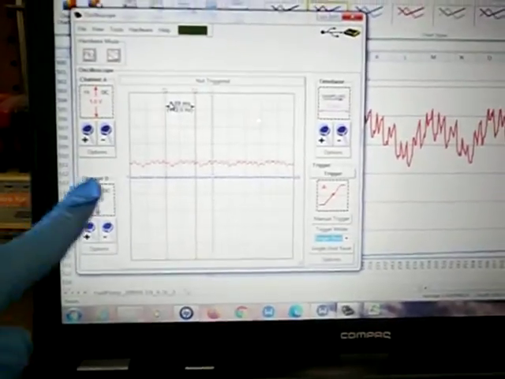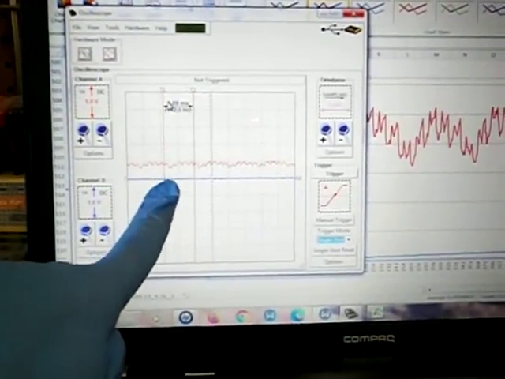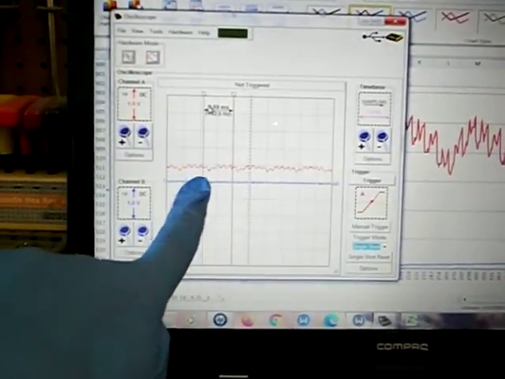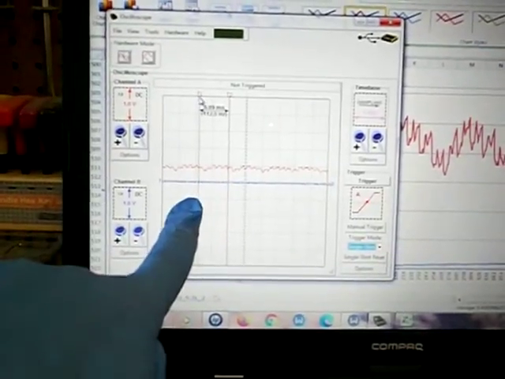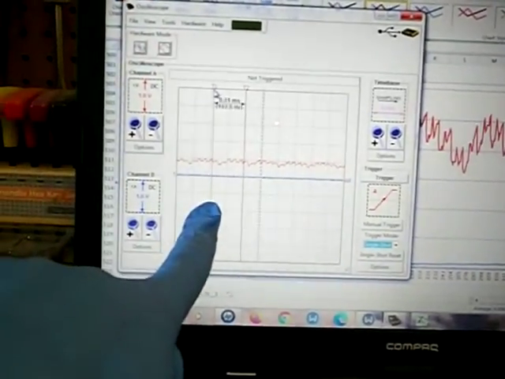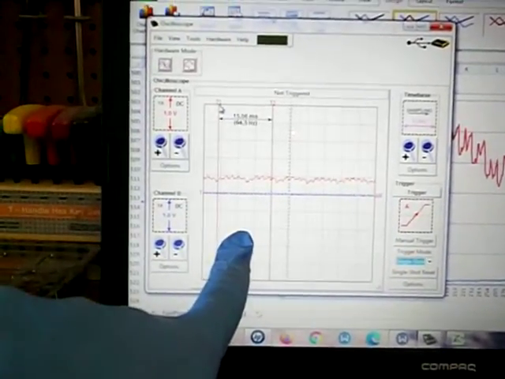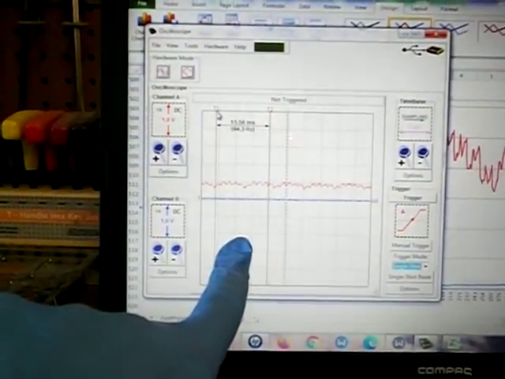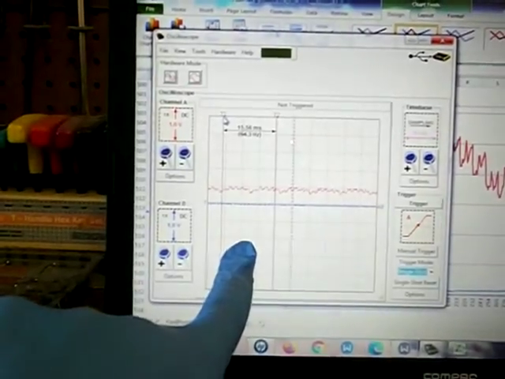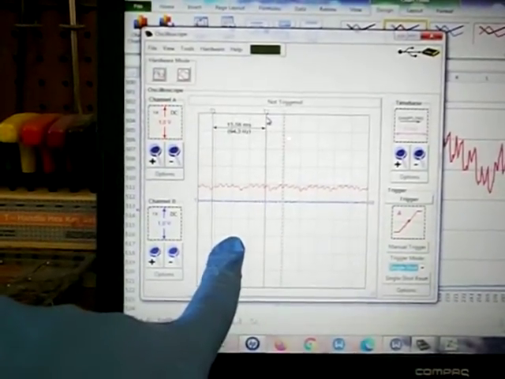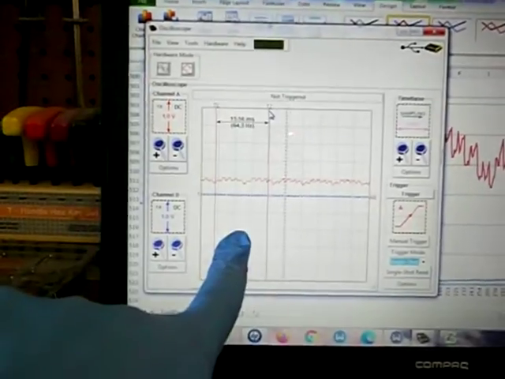If we look at our low spots, it looks like from here to here. So let's move this guy over to about there. And let's grab this other one.